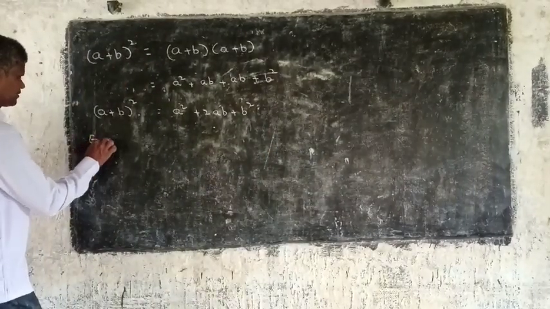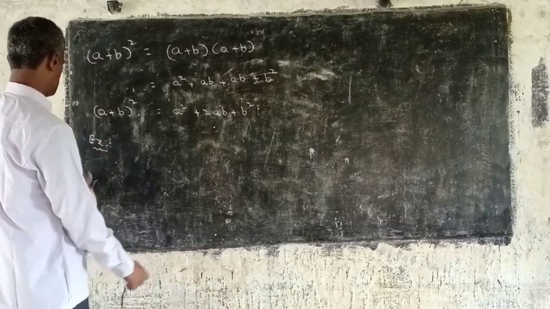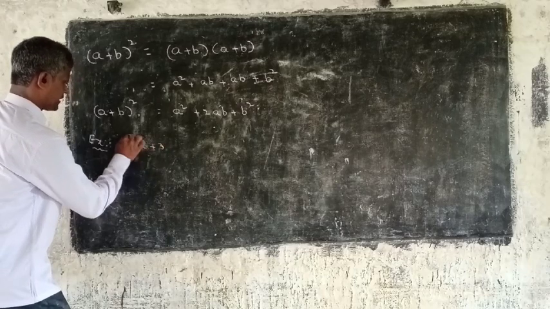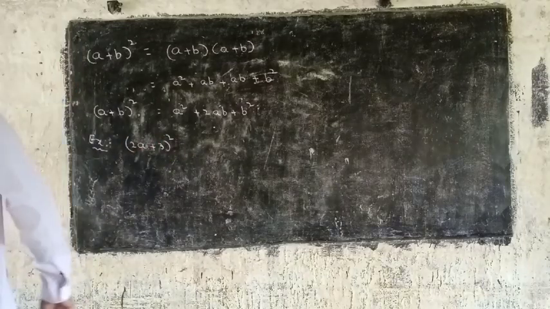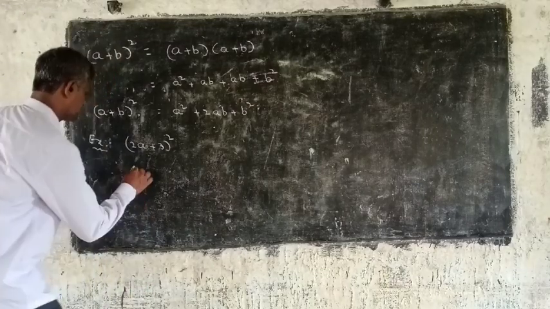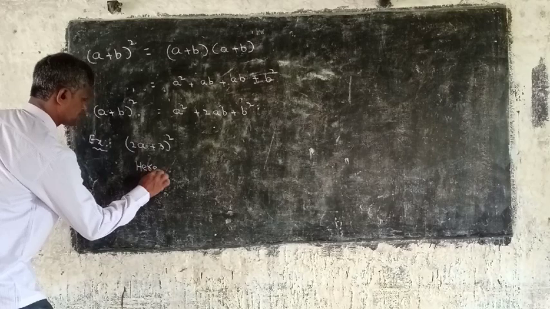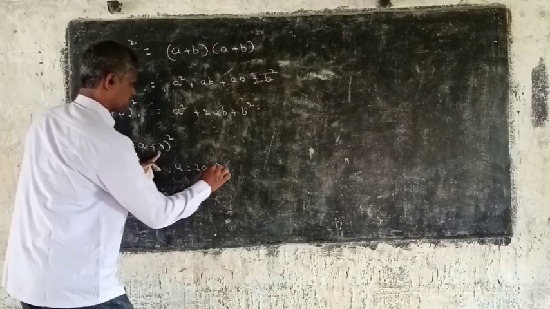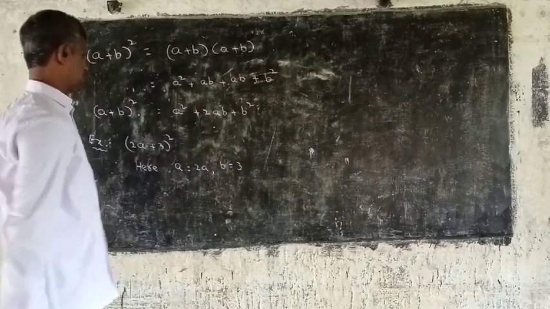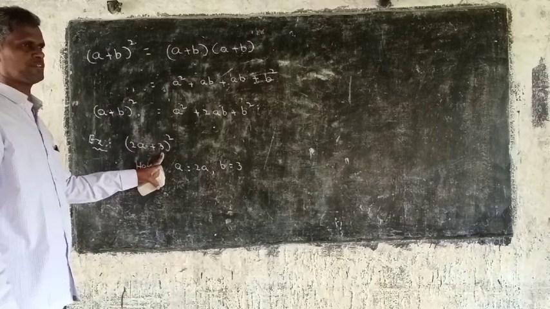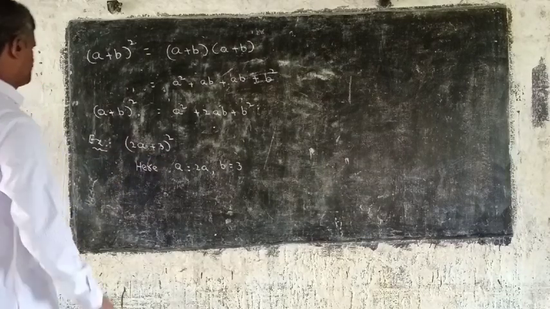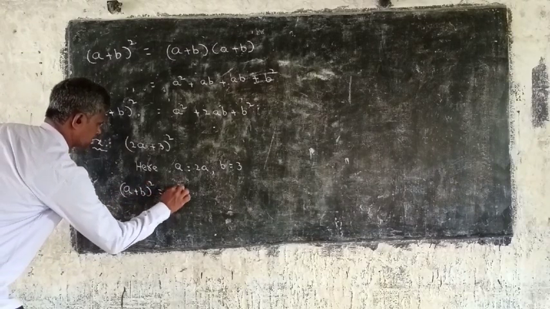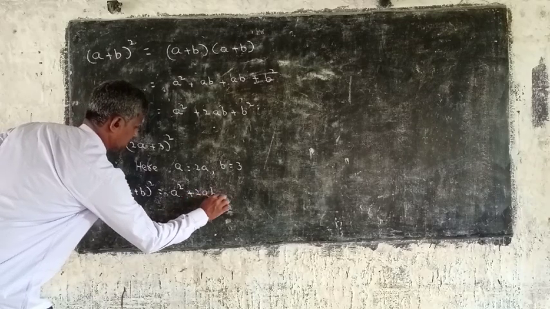దీనికి ఎగ్జాంపుల్ (2a plus 3) whole square. Here a equal to 2a, b equal to 3. Using formula a square plus 2ab plus b square.